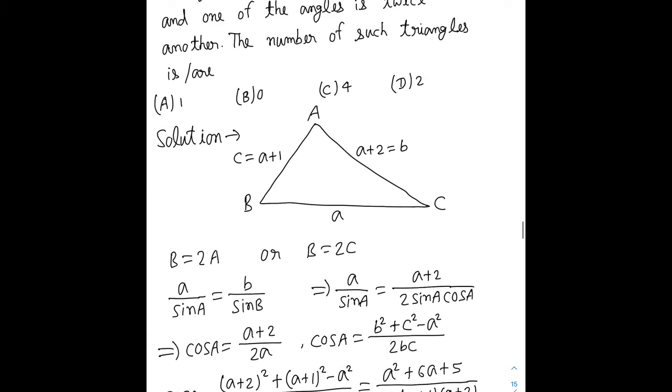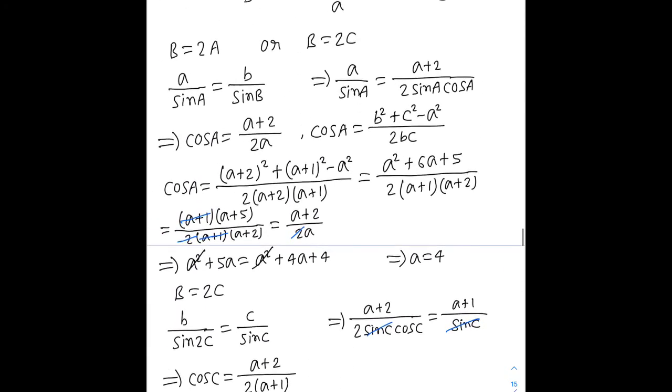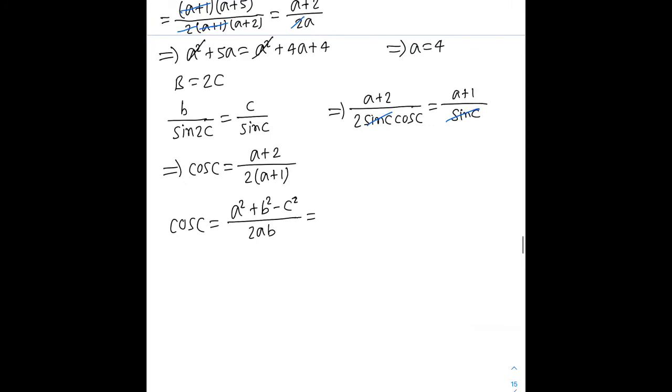You can also try to find cos C from this triangle. If you apply cosine rule, cos C is nothing but a square plus b square minus c square by 2ab. Then you will get a square plus a plus 2 whole square minus a plus 1 whole square, divided by twice of a into a plus 2.